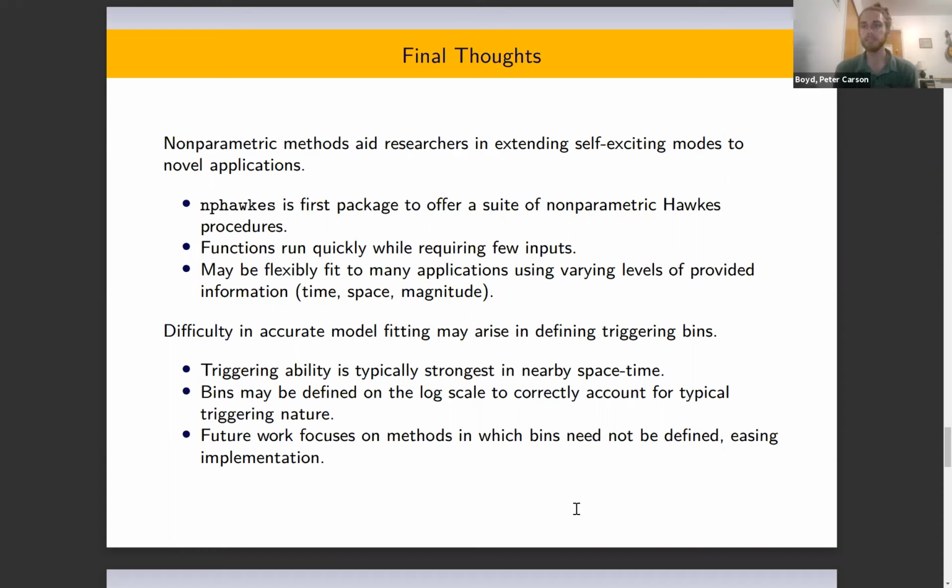And so oftentimes these bins are defined on a log scale, which was done in this analysis. That might be a useful thing to try out if you're throwing some of your own data into these models.